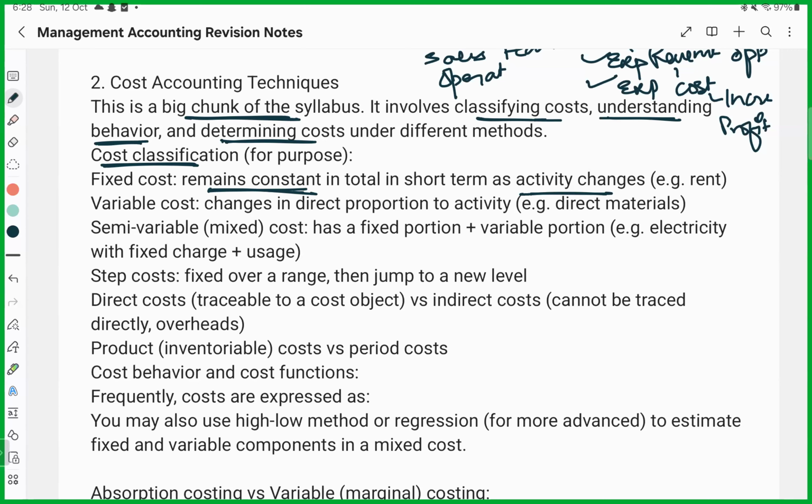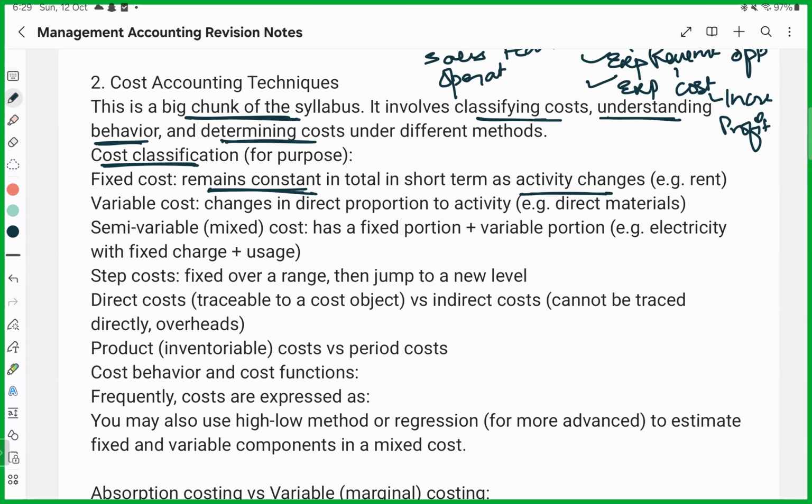It does not keep on changing with the number of units that I'm manufacturing. Say I take a building on rent for manufacturing a product for 1 lakh rupees. Whether I'm manufacturing the product or not, I have to pay 1 lakh rupees every month to the owner. This turns out to be my fixed cost in the business, which means irrespective of whether the operations are actually happening or not, fixed cost is something that I have to bear.